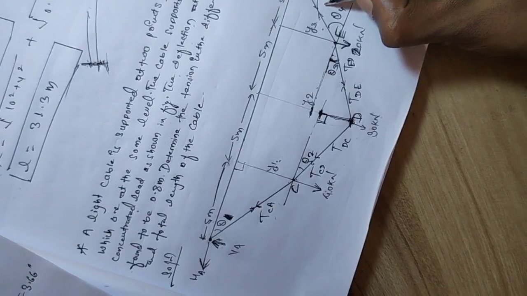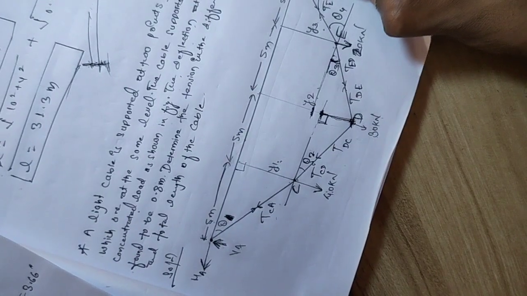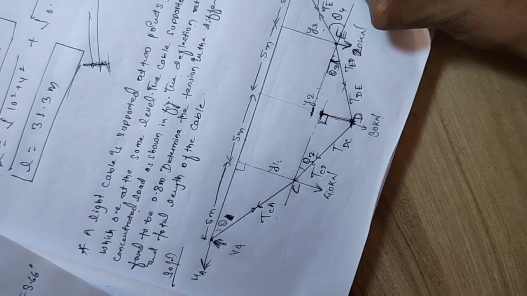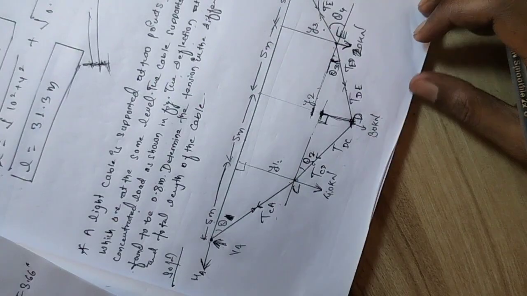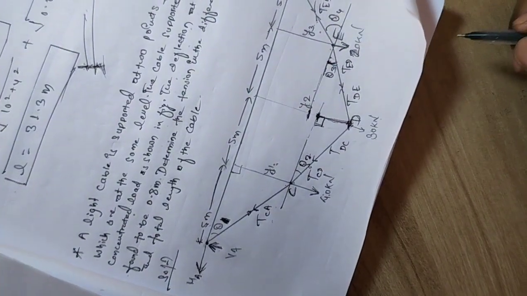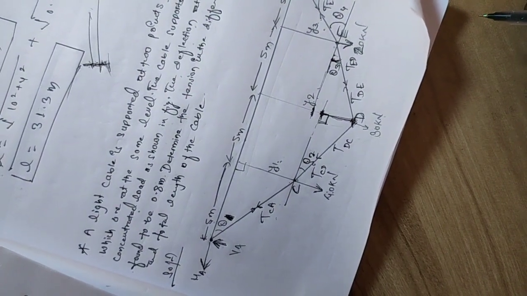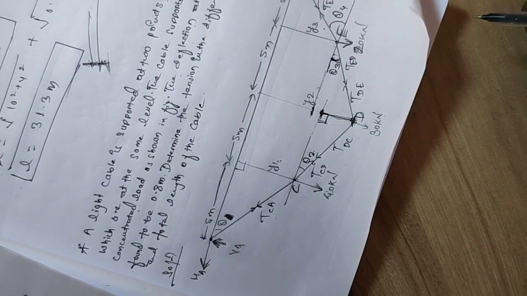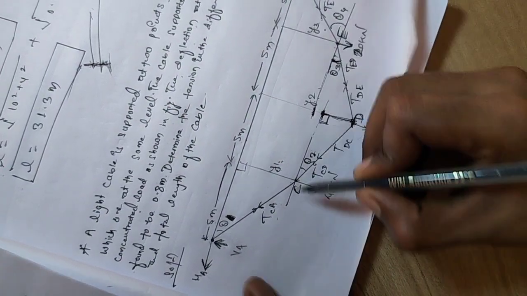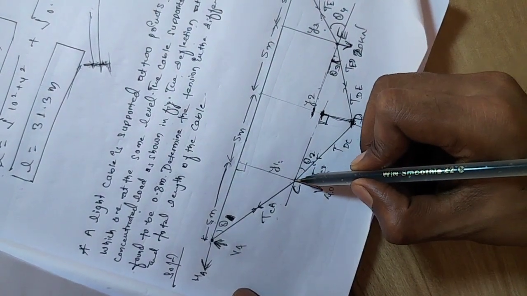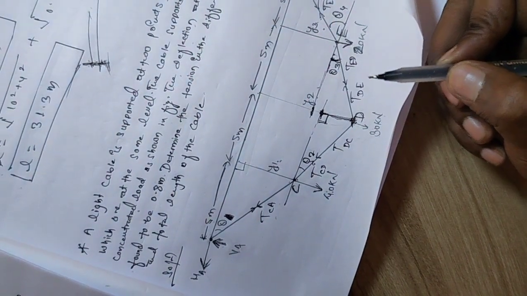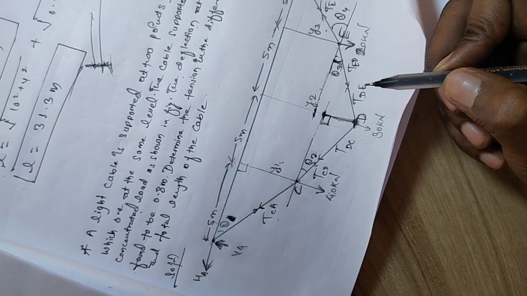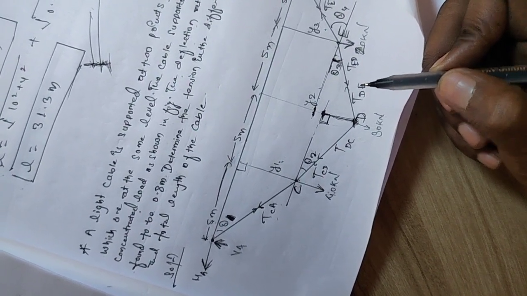Here also the same, TEB and TBE. So now we have to find the tension. For that we are applying Lami's theorem here, because the three forces are passing through the same point. We can apply Lami's theorem and we can easily solve the problems.